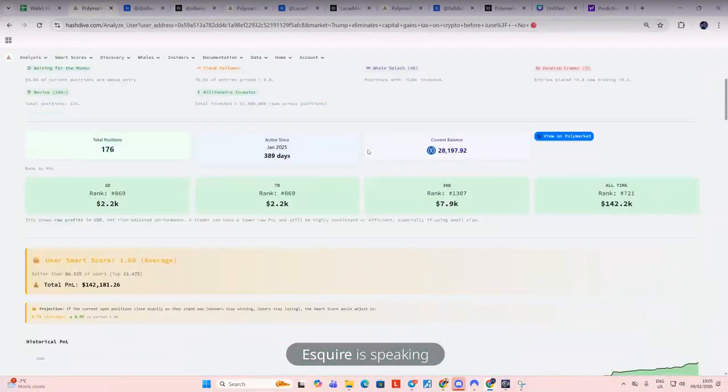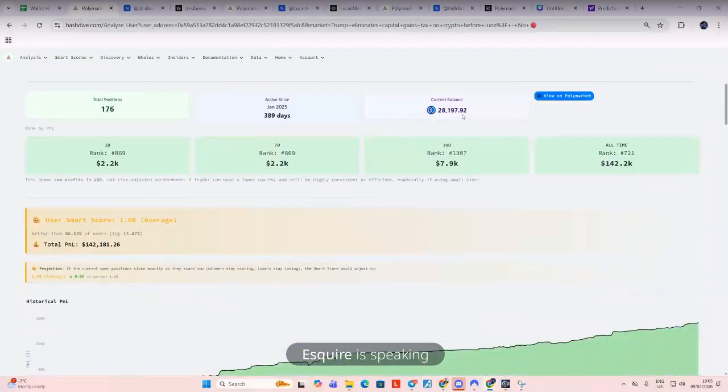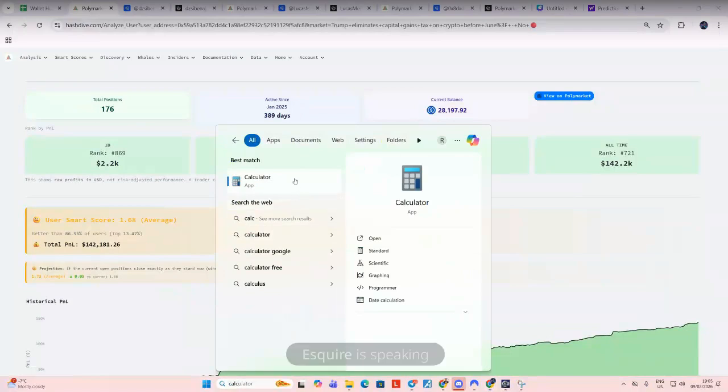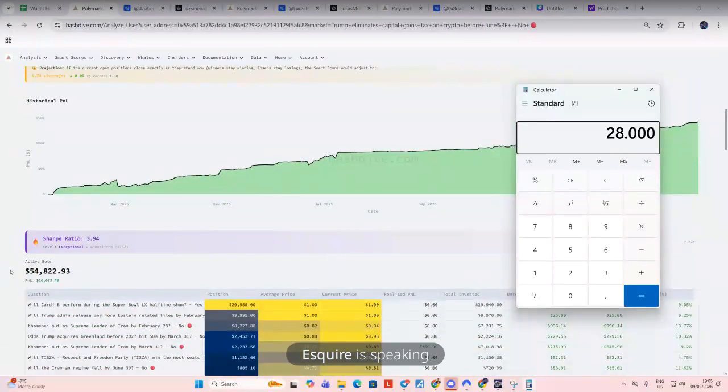So I'm looking at my account. Say I have $1,000 in my account. If I want to mimic him 1-to-1 with the portfolio weighted, I've got to figure out how much money this guy has. So right now he's got 28,000 liquid, and then he's got about 54,000 in active bets.